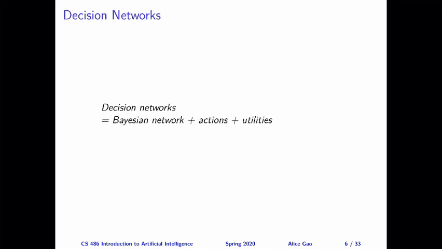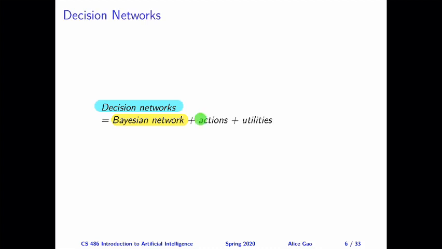For performing inference, our main tool is the Bayesian network, and to make decisions to act in an uncertain world, we will use a related tool called decision networks. A decision network is essentially an augmentation of a Bayesian network. We're basically taking a Bayesian network and adding some additional components to it.